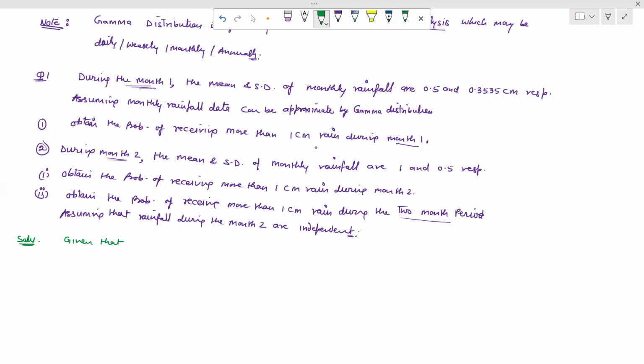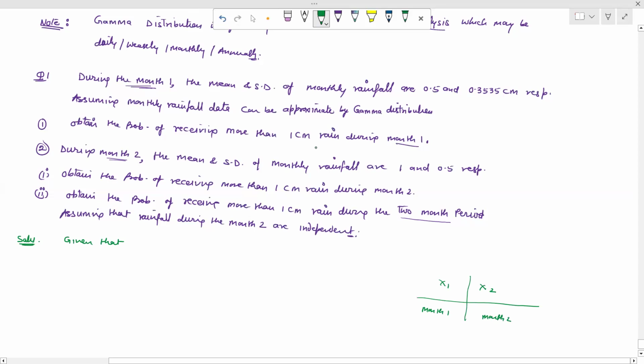Here we solve this question for 2 months. The first month we write as x1, the second month as x2. So first we solve this problem for month 1.